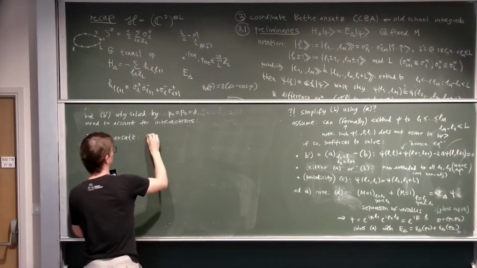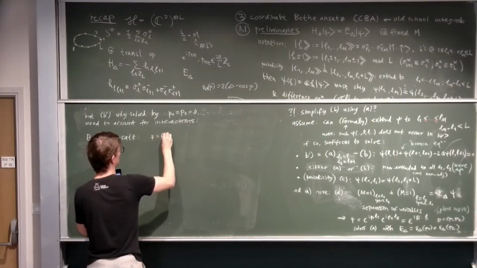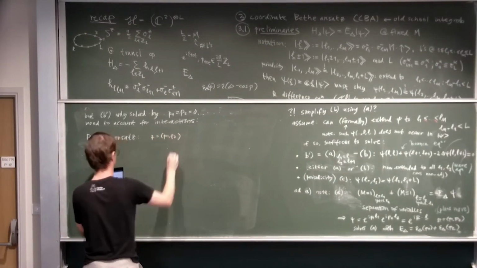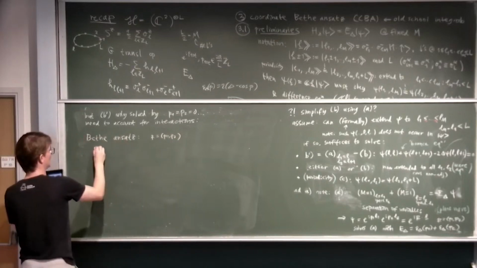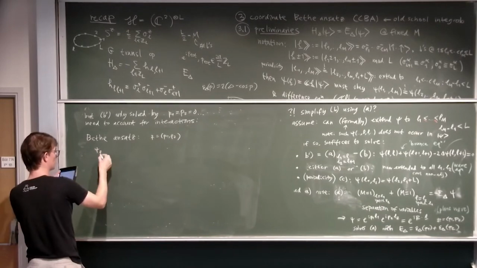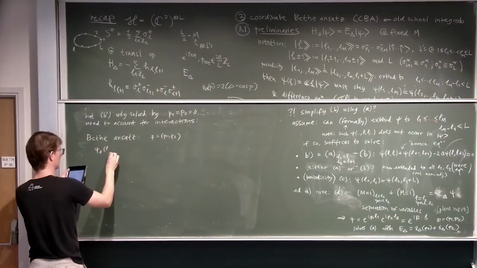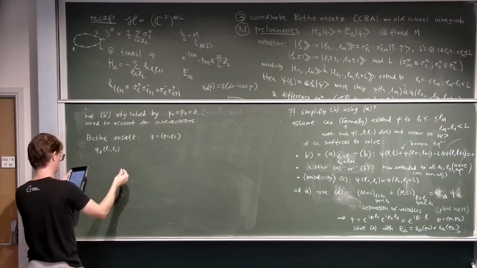So we have our parameters p, which is p1, p2. These are our parameters. And then let me denote psi with a subscript p for the Bethe ansatz, of L1, L2.